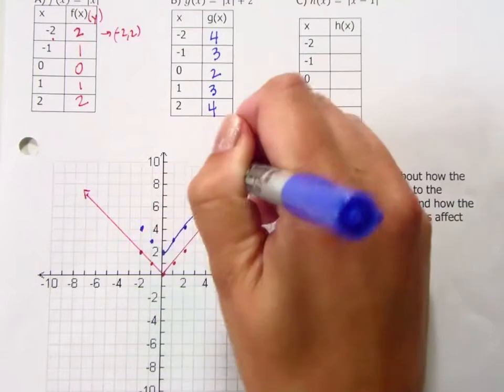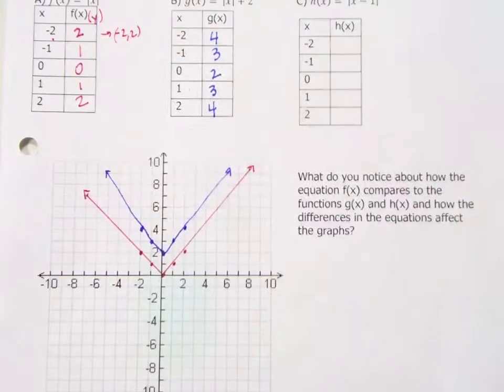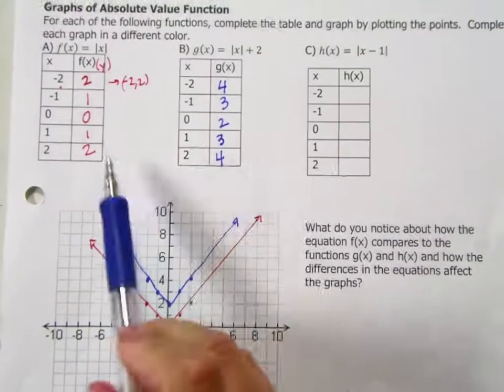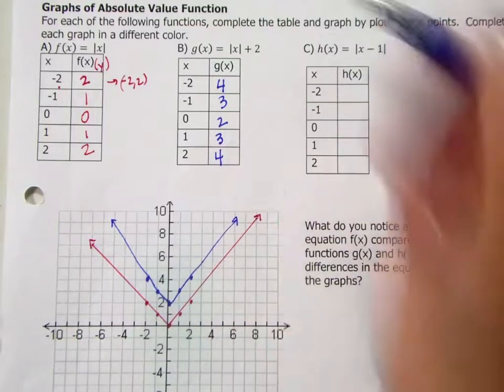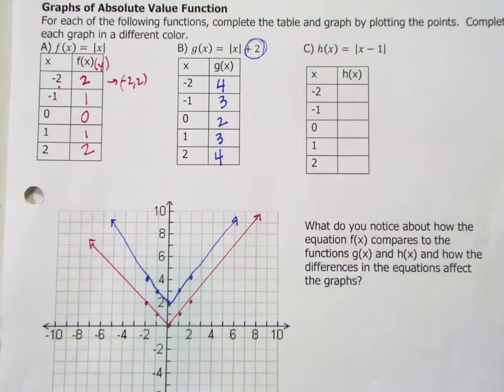I should be using my straight edge, but I'm not. So what I want you to notice and look at, just from the first to the second function, when we added that +2 on the end, what happened to the graph?